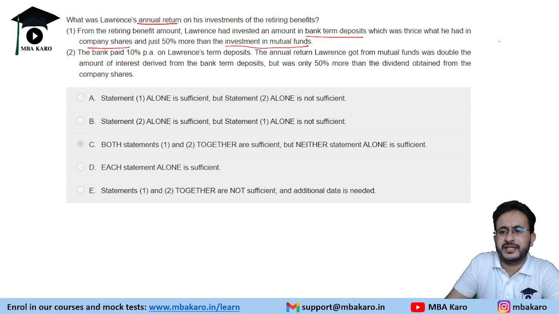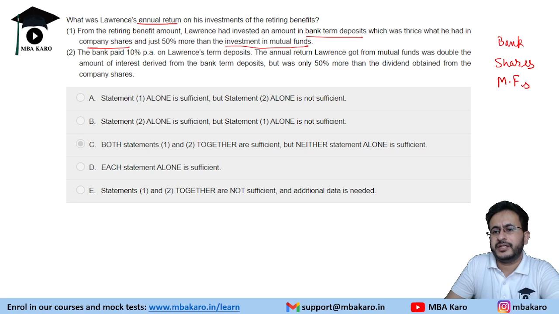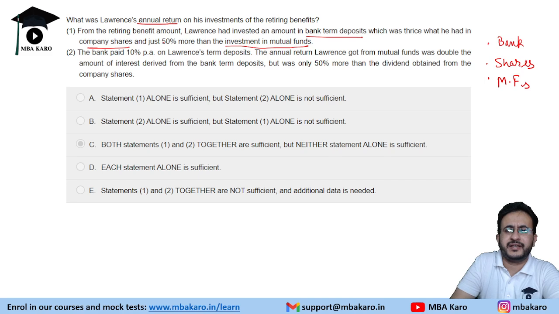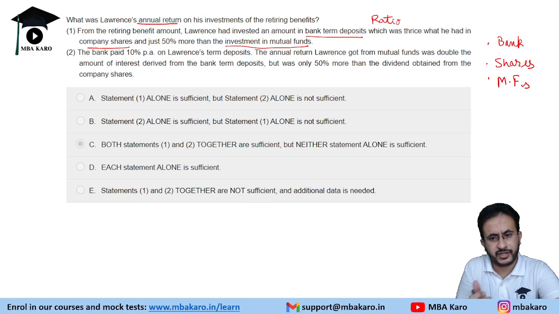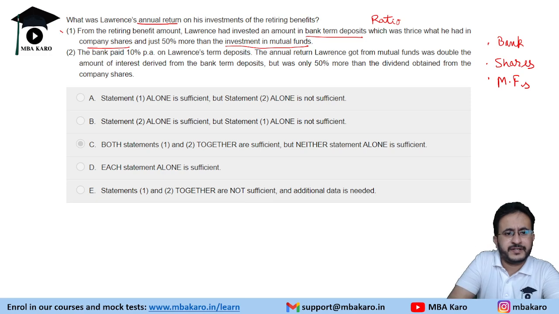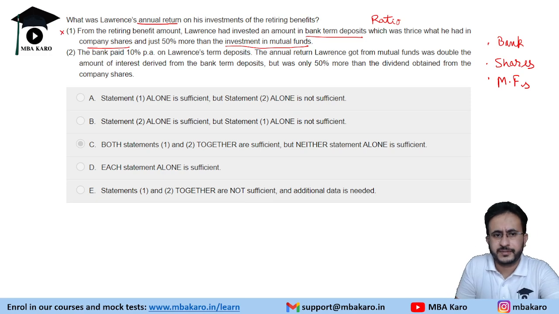So he deposits in bank, in company shares and in mutual funds. He deposits in three places and we are given the ratio, like 3 times, 50% more, but we do not know the values. So first alone is definitely not sufficient to answer the question.